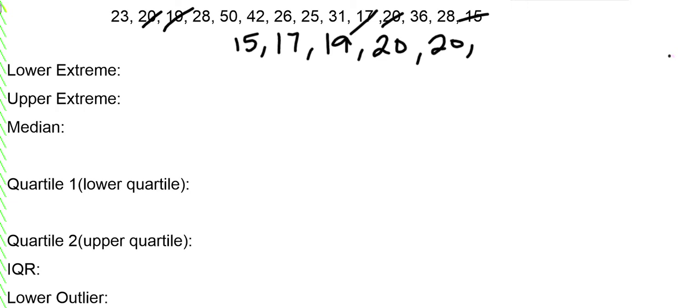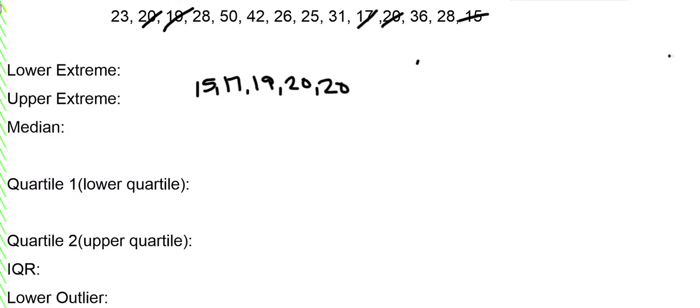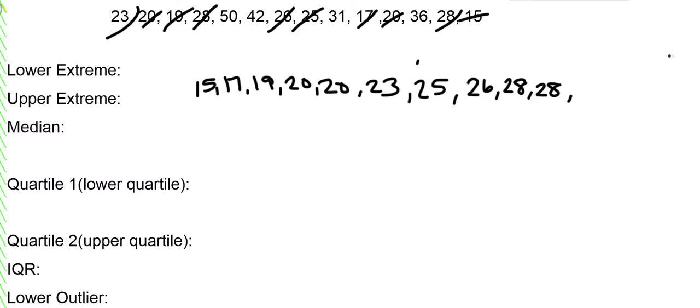So let me bring this over here, and I have 15, 17, 19, 20, 20, 23, 25, 26, 28, and 28, 31, 36, 42, and 50.